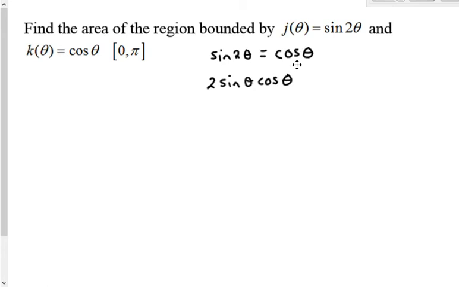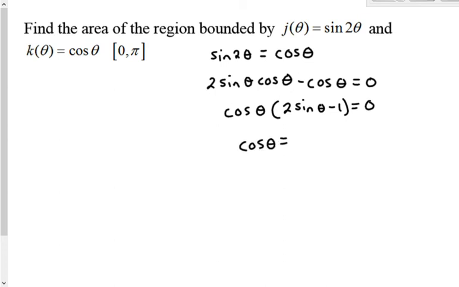And I'm going to bring the cosine over. It's going to become negative cosine of theta, and that's going to equal 0. Once I have it equal to 0, I can solve by factoring. I'll factor out a cosine, and I'll be left with 2 sine of theta minus 1. So I need to figure out, where does cosine equal 0, or where does sine equal 1/2?